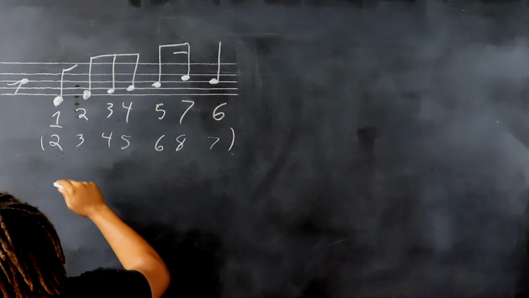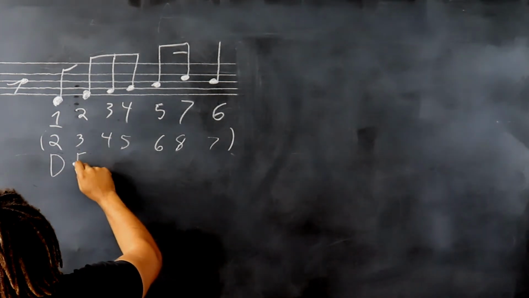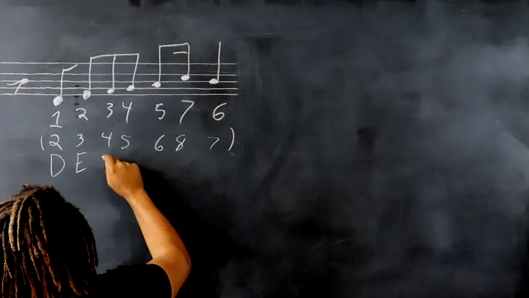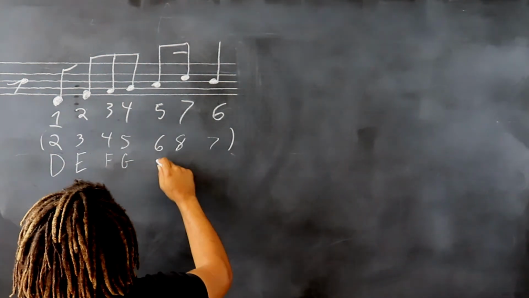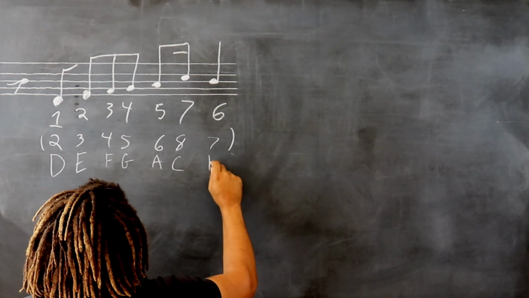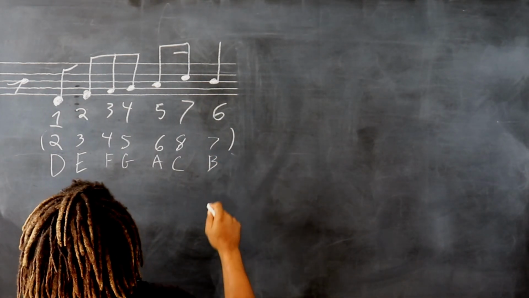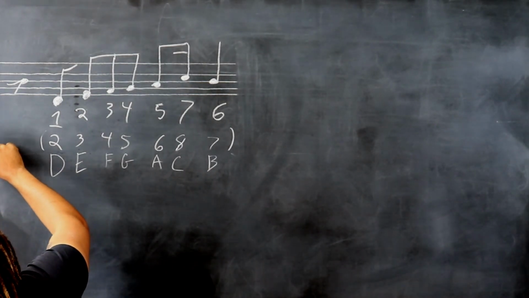So, as I just covered, this would be the D pattern. If we put the letter names to these intervals, then we have D, F, G, A, C, and B. Those are the notes we're playing. So that's the D pattern, which is number 1.